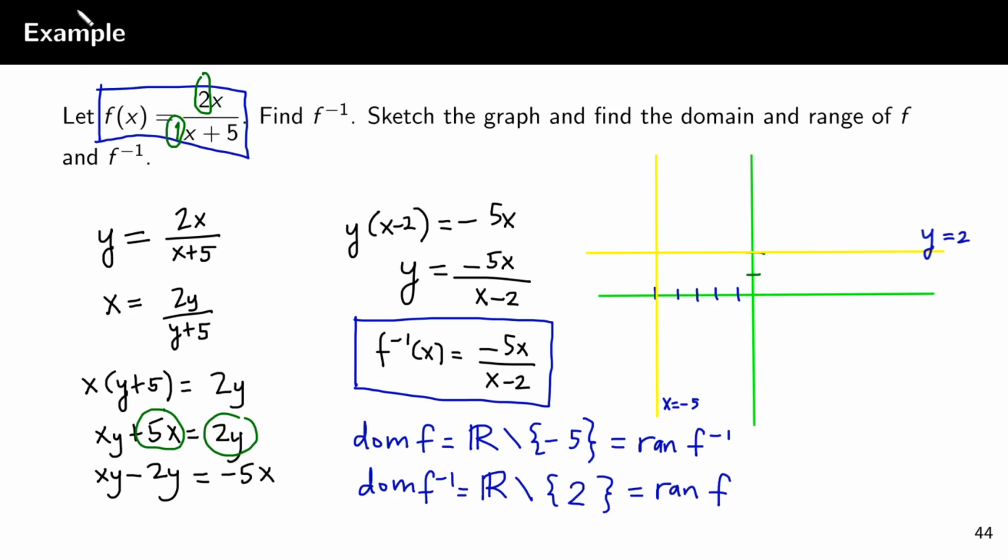Piliin natin yung mga convenient, yung madaling i-compute yung value. So, for example, if x is, ano bang magandang value dito? If x is equal to 1, we will have 2 over 6. So, that's 1/3. Okay. Gusto sana nating iwasan yung mga fractions.